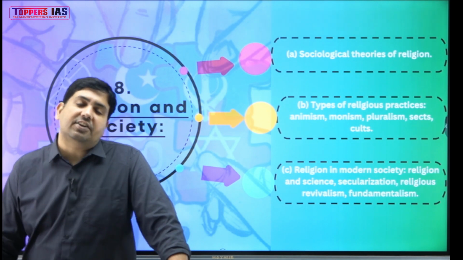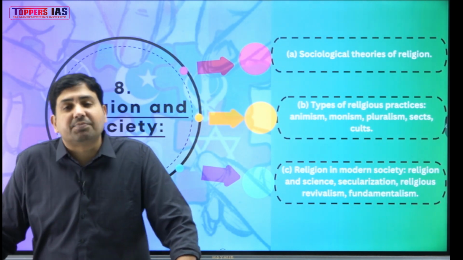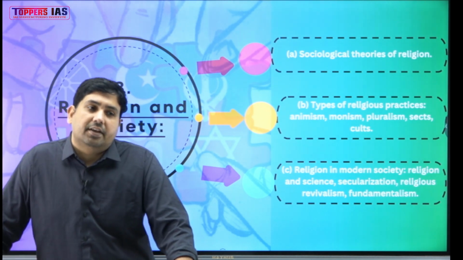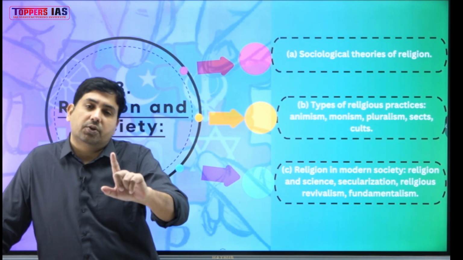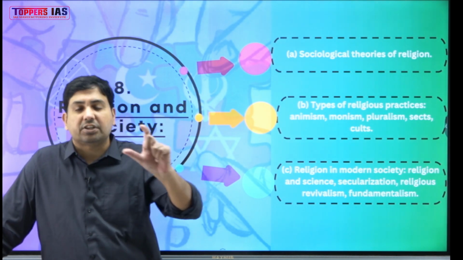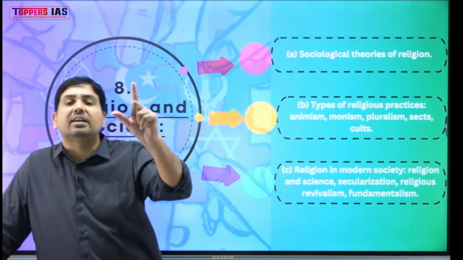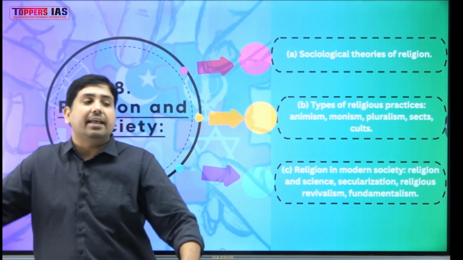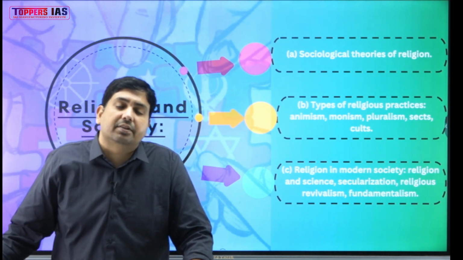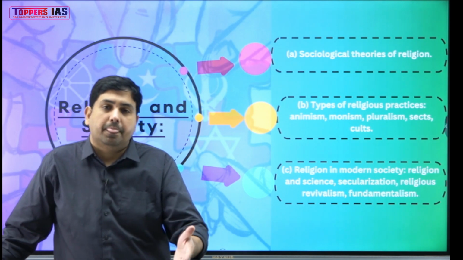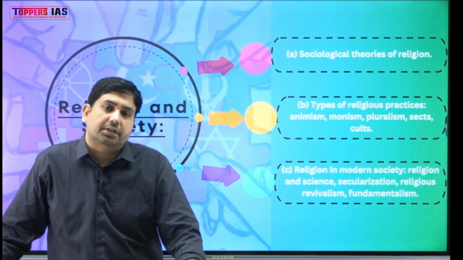That was a very interesting theory, The Protestant Ethic and the Spirit of Capitalism. He said those societies which had the Protestant religion, because of the ethical values prescribed under that religion, people followed them, and therefore modern capitalism emerged in society.